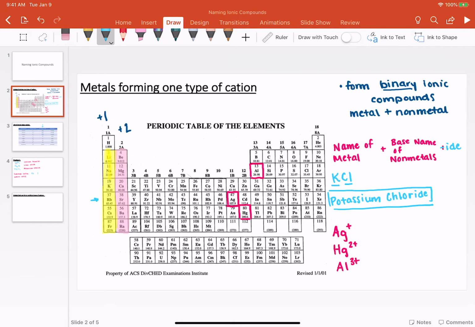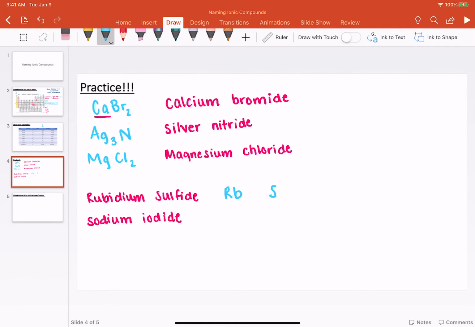That is in group 1, so that's going to form a 1+. Sulfur is over here on this end. Remember that when forming anions, group 7 forms -1, group 6 forms -2, group 5 forms -3. So sulfur is going to form a -2 anion.